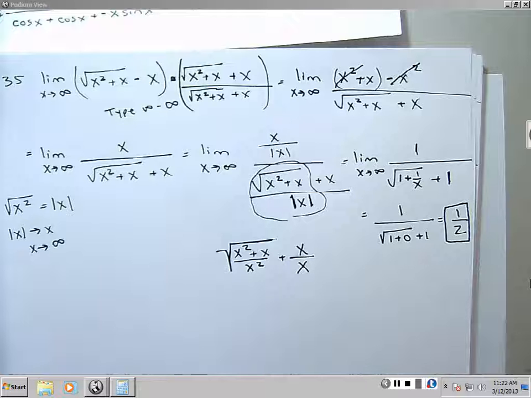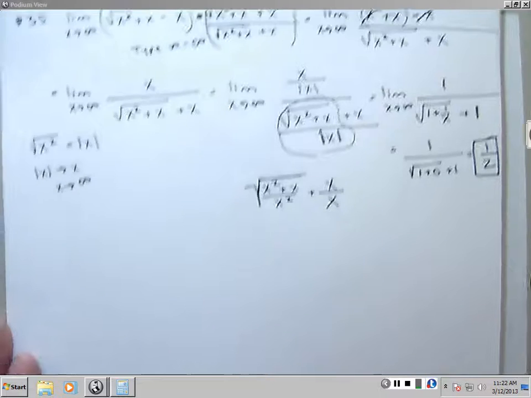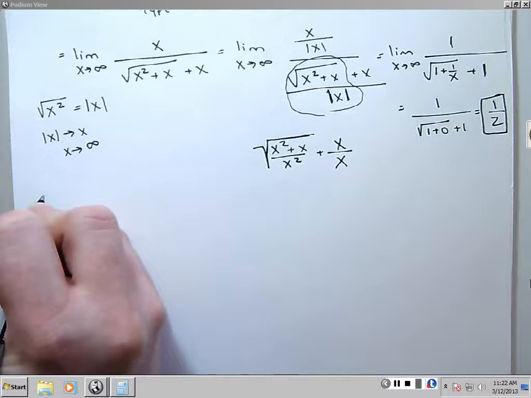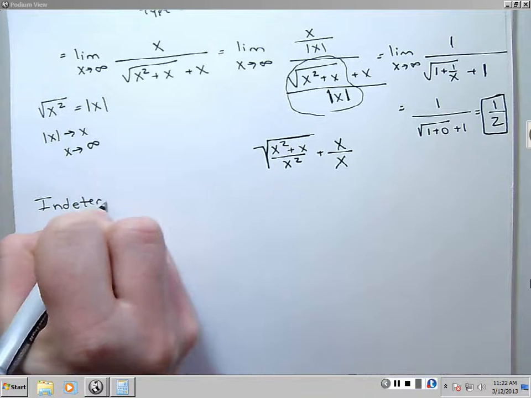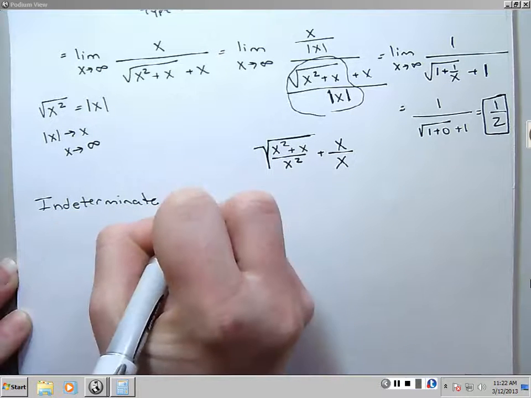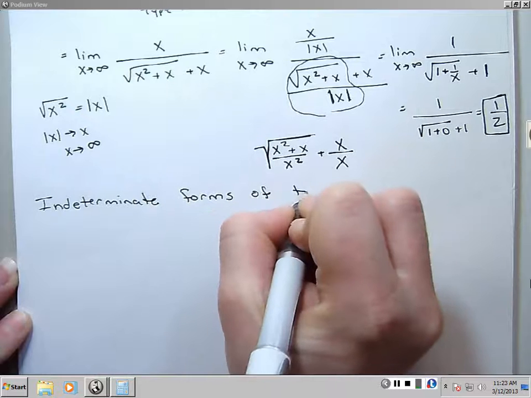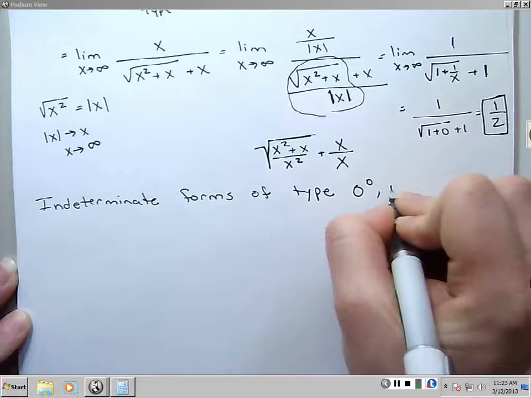Okay. So the last technique we're going to talk about is when we have the indeterminate forms 0 to the 0 power, 1 to the infinity power, or infinity to the 0.